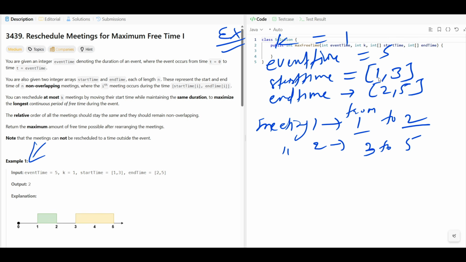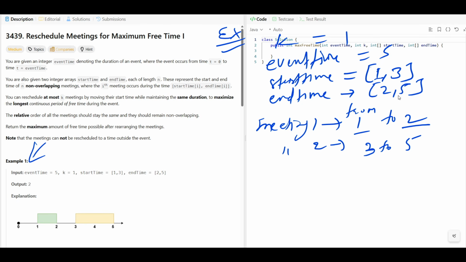Because this is the start time, meeting 1 starts at 1 and goes to 2, and the other meeting starts at 3 and goes to 5.